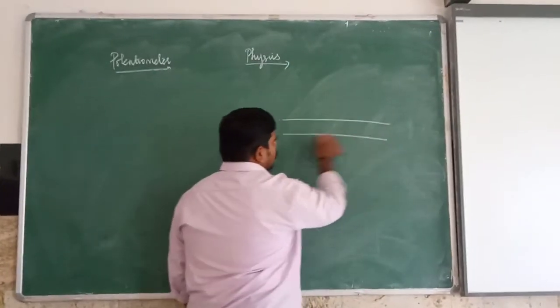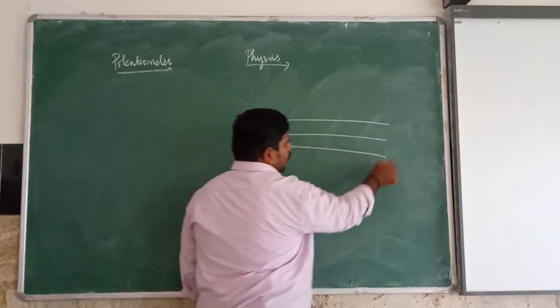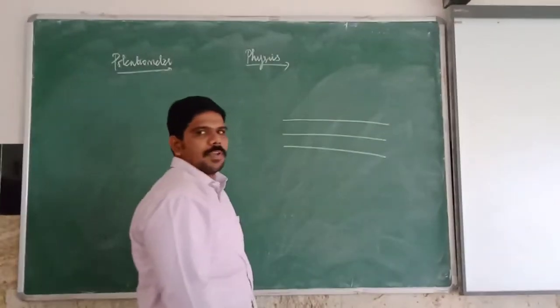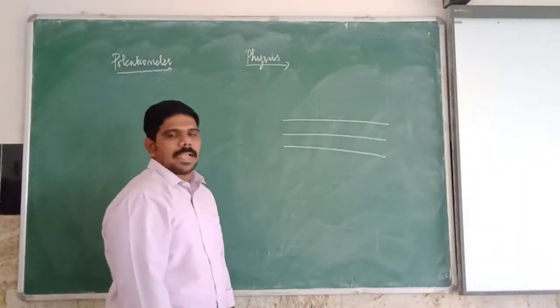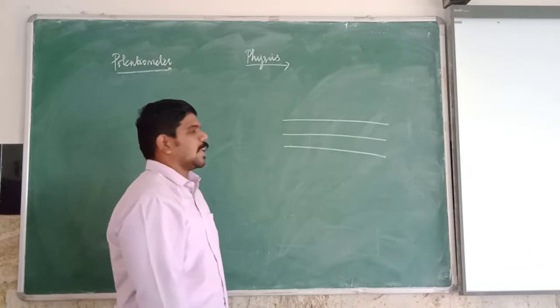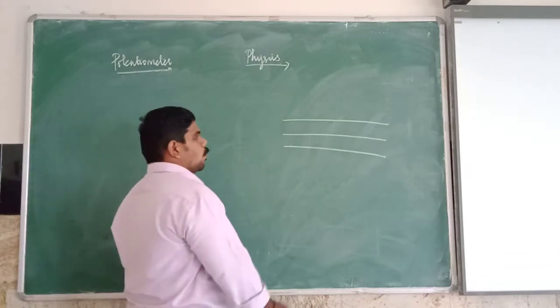It consists of a 10 meter length of uniform wire of Constantan or manganese, arranged in parallel with 1 meter lengths, which are fixed on a wooden board.